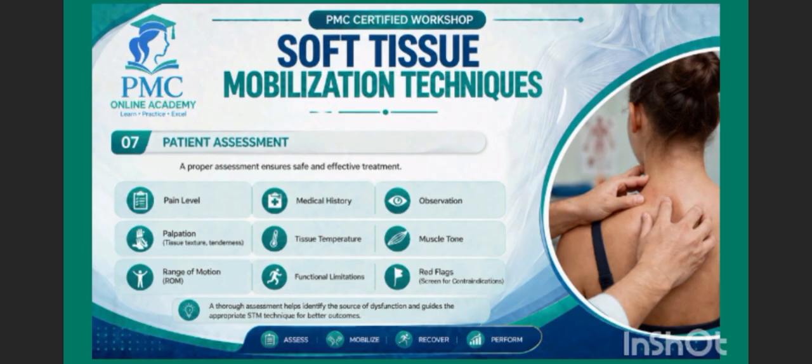If you follow this order every time, your clinical decision making will become much stronger. Now that we have completed the patient assessment, let's move to the next slide and discuss the fundamental principles of soft tissue mobilization that every physiotherapist should follow during treatment.